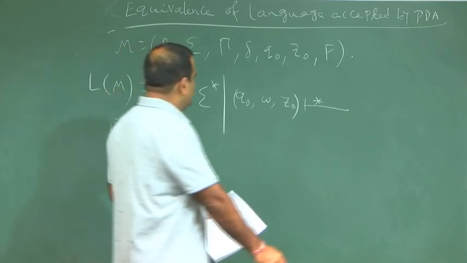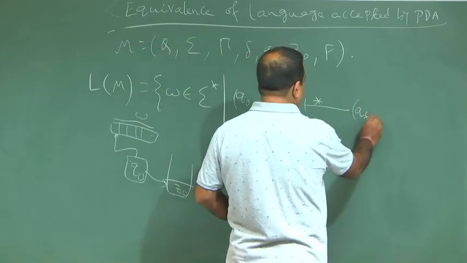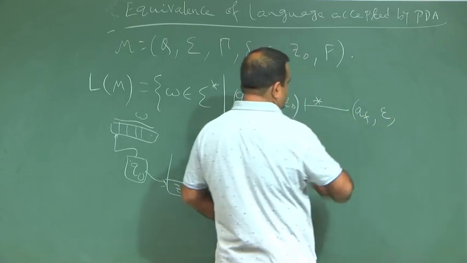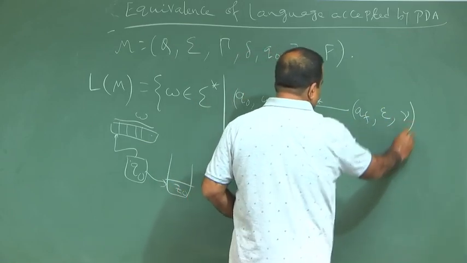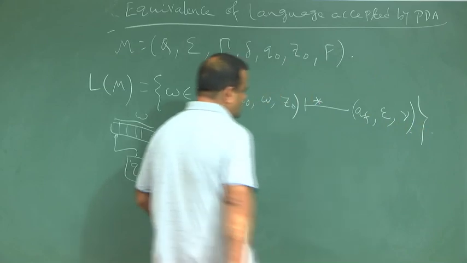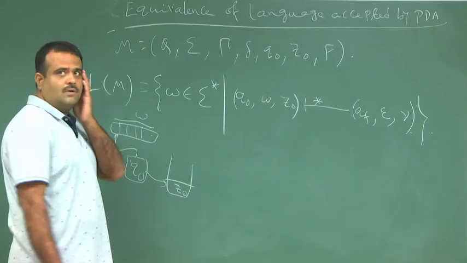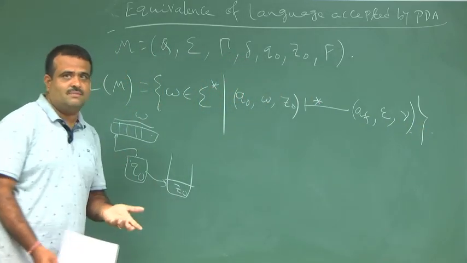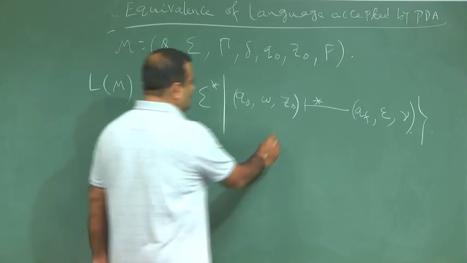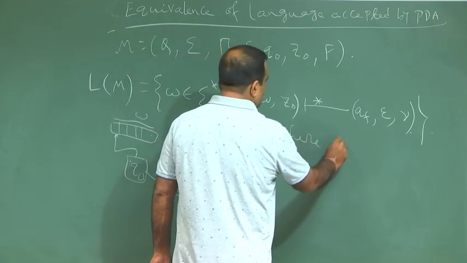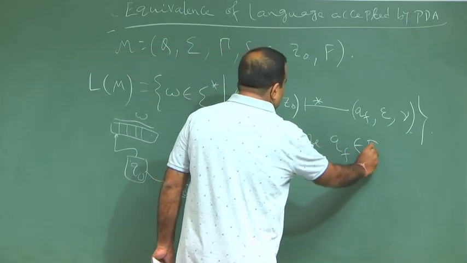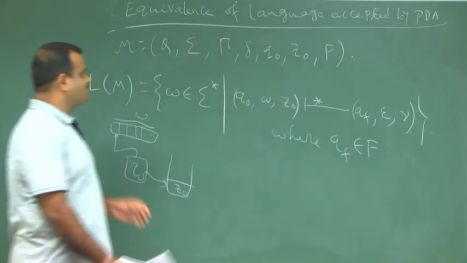So it goes to some qf with epsilon remaining, and we do not care about the stack symbols, because this is acceptance by final state, where qf is a final state.